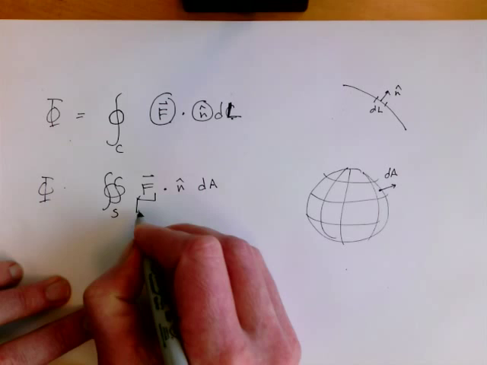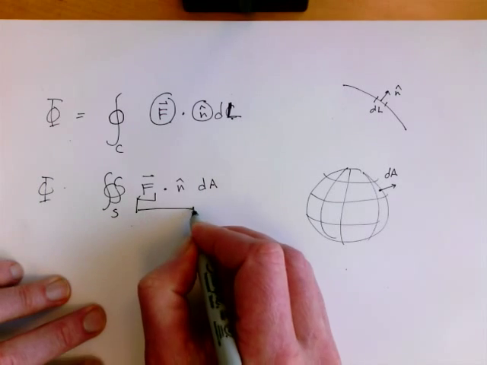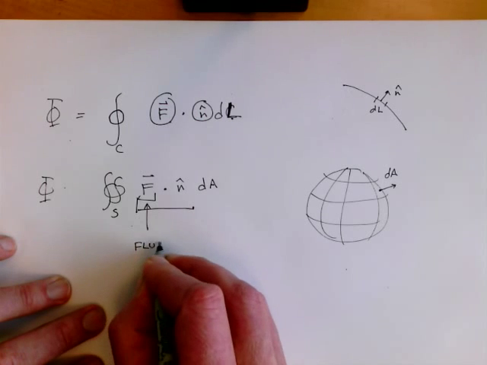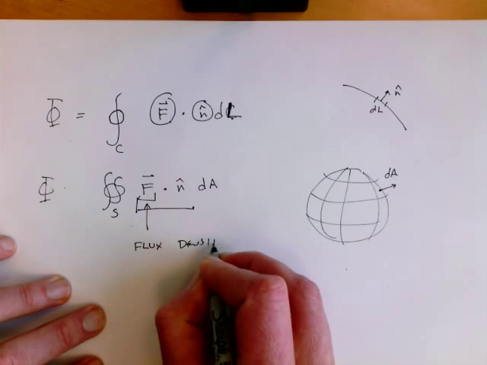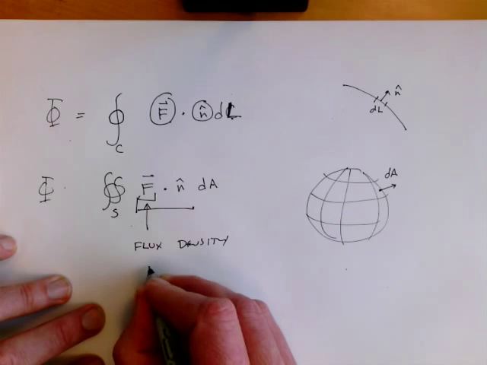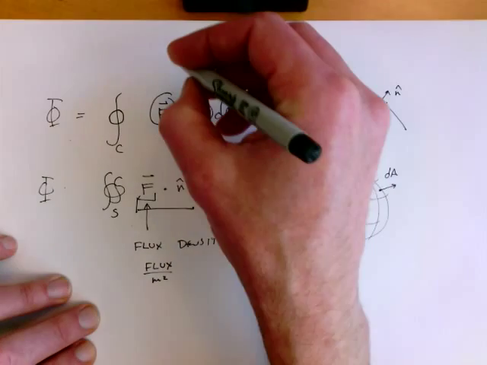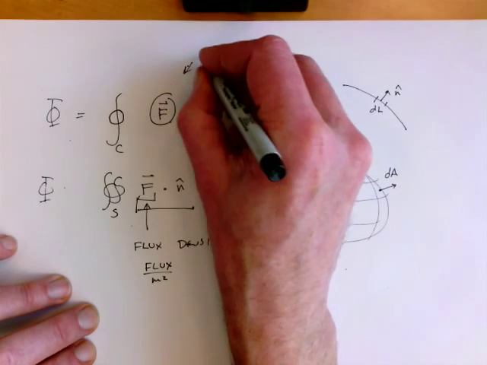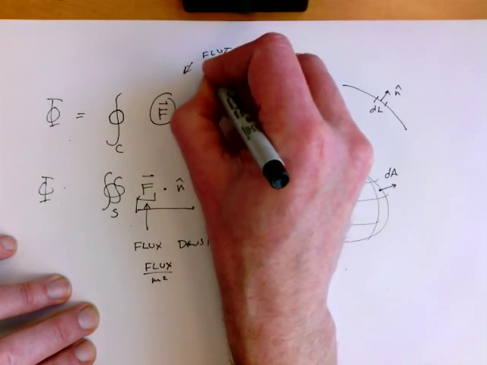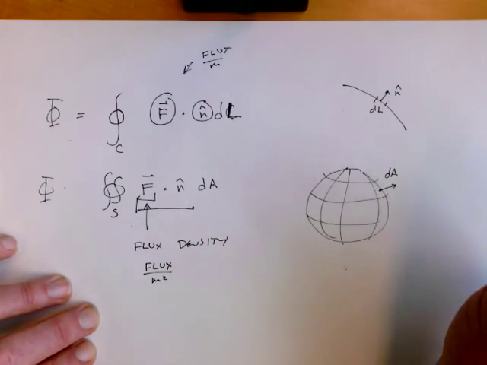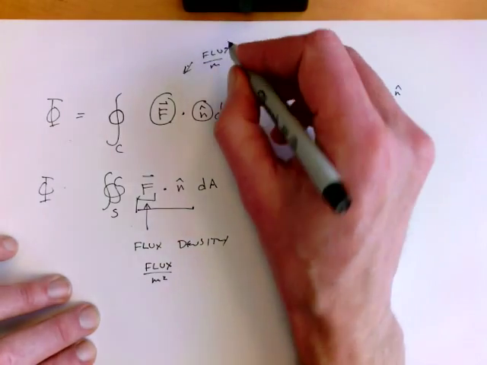So finally, I just want to comment a bit about some notational things. We often talk about flux density, which has units of either flux per meter cubed if you're talking about area, or flux per meter if you're talking about flux through a curve. Notice that that's a vector, right?